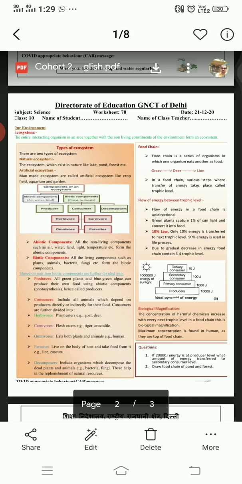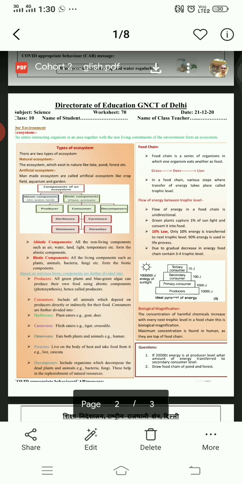And when the deer is eaten by the lion, this lead will reach the lion. Now the lion will eat a lot of deer. So the concentration of that contaminant or chemical will increase in the biomass of the lion. So this process is known as biological magnification.